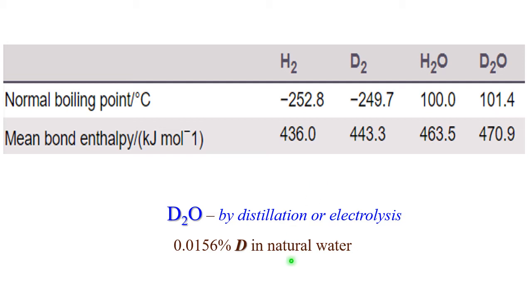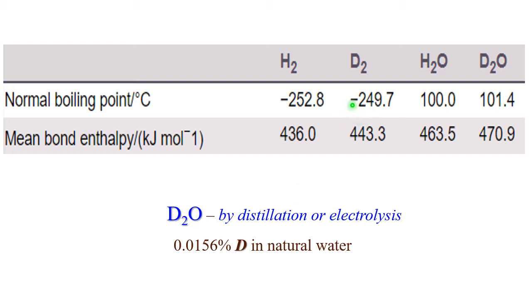In nature, slightly more than 0.01% of hydrogen is deuterium. Example, natural water. Completely deuterated water can be obtained from natural water by distillation or electrolysis.